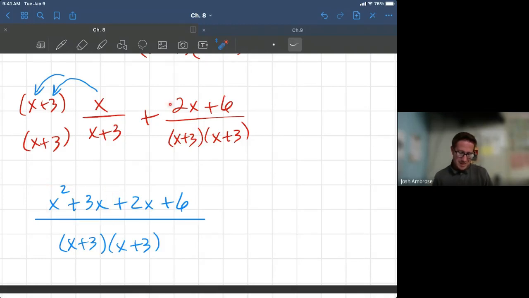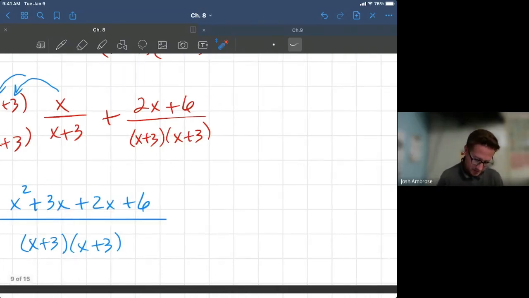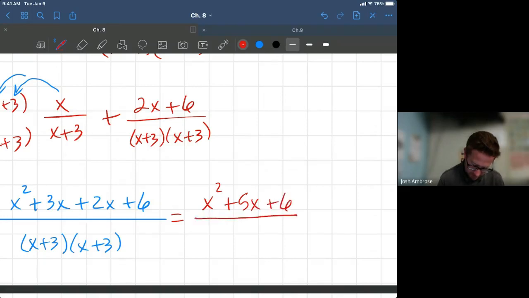Then I just tagged in the 2x plus 6. Now we have like terms that need to be combined together. x squared plus 5x plus 6, and then our denominator x plus 3, x plus 3.